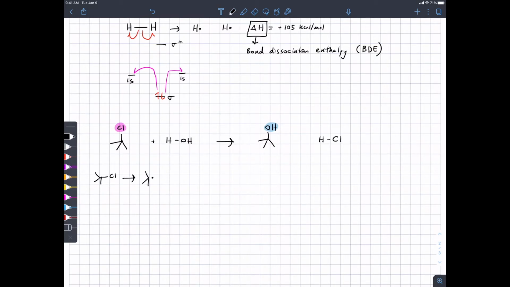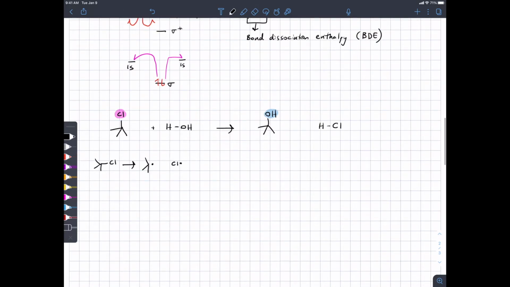So I want to know what the bond dissociation enthalpy is for the carbon-chlorine bond. I want to know what the bond dissociation enthalpy is for the hydrogen-oxygen bond. Those are the two bonds I break, right? And then I want to know the bond dissociation enthalpy for an oxygen-carbon bond.